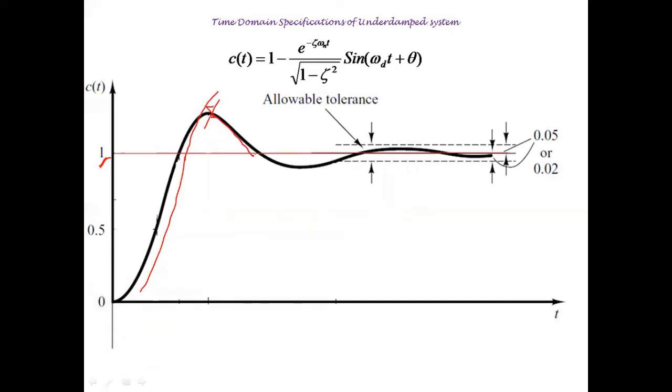It does not stay in that place, but goes down and keeps on oscillating around that value. As time increases, the deviation from the final value keeps on decreasing, and exactly at time t tends to infinity, the second term will be equal to 0 and c of t will be equal to 1.